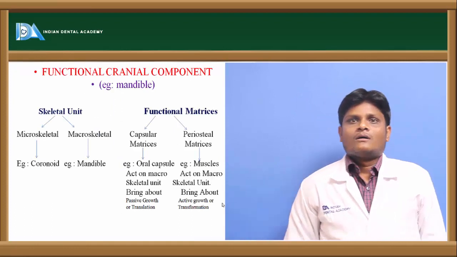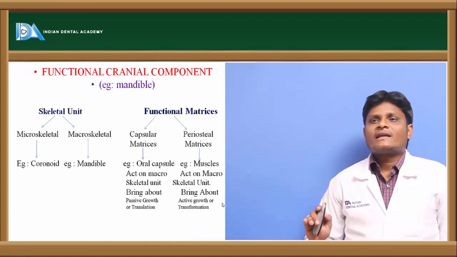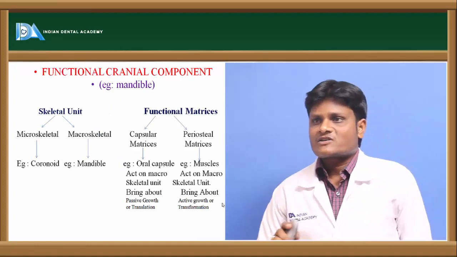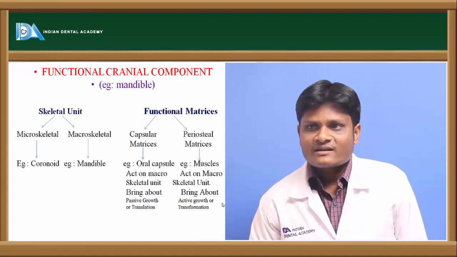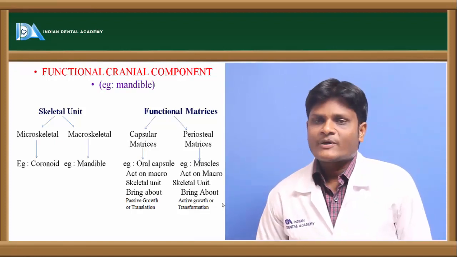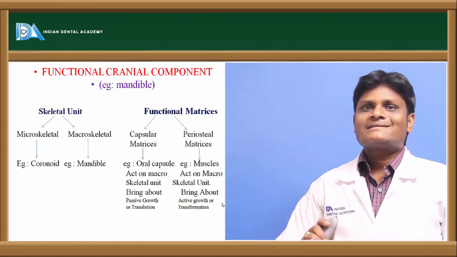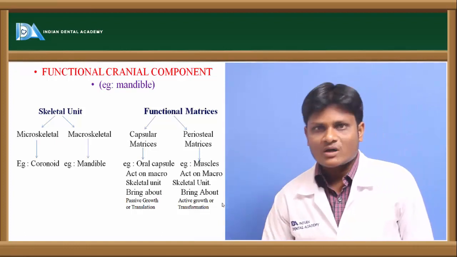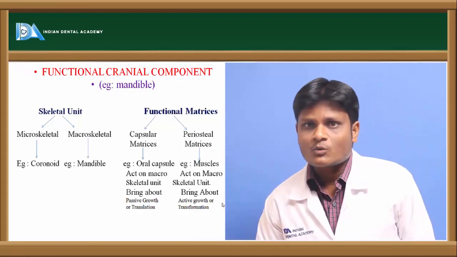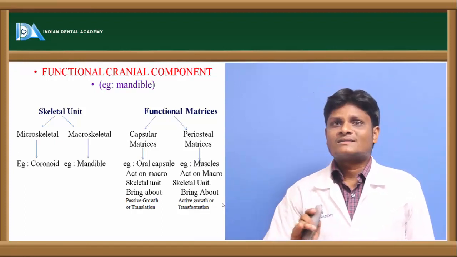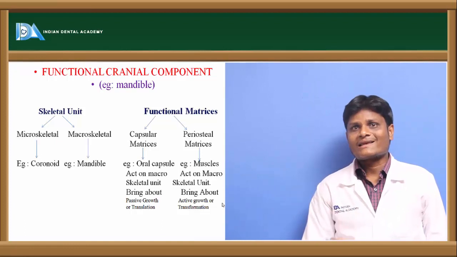So, a functional cranial component has a skeletal unit and the functional matrices. The functional matrices are the capsular matrix and the periosteal matrix. The capsular matrix is nothing but the encasing capsule, that is skin and mucosa or the skin and dura mater, depending upon the skeletal structure which it encases.